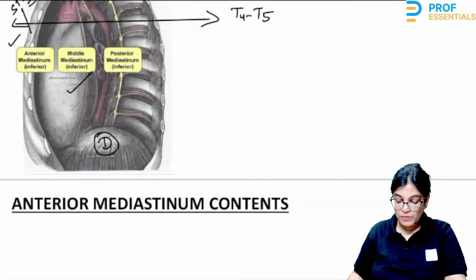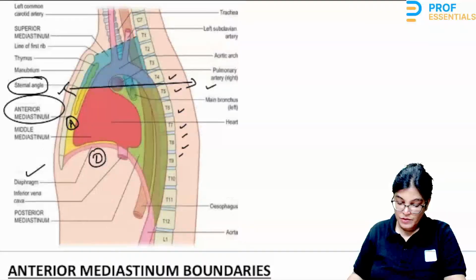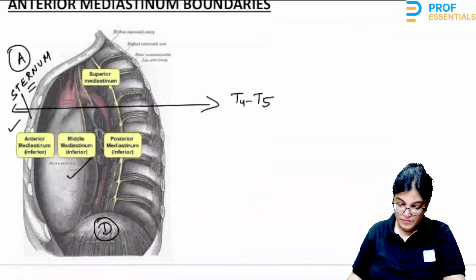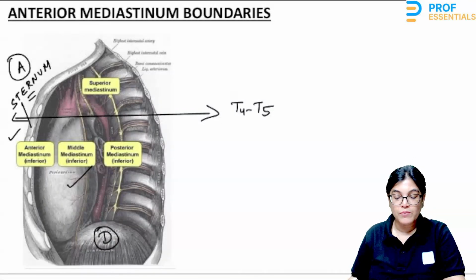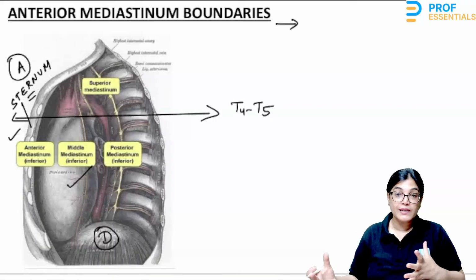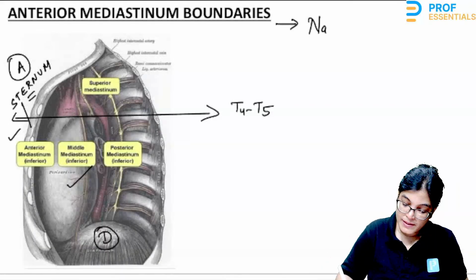One of the important points about the anterior mediastinum that you have to know is that it is a very narrow space. The boundaries are quite clear in the image. It's a narrow space.